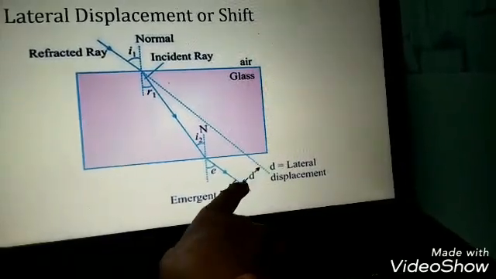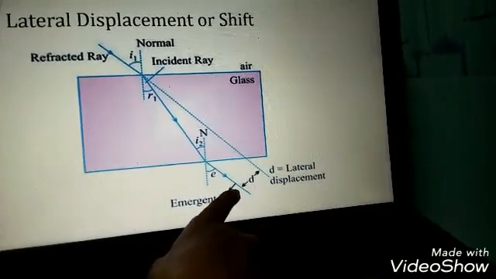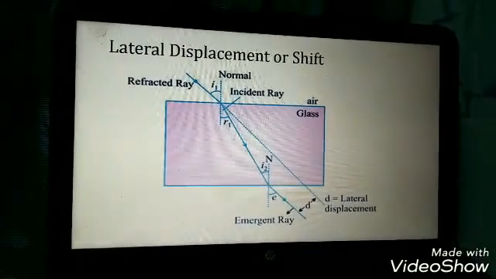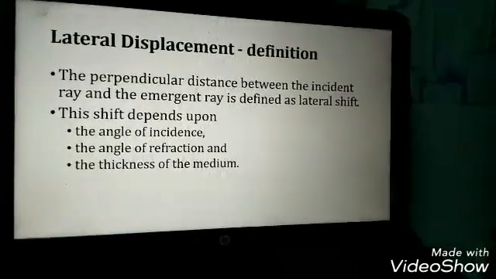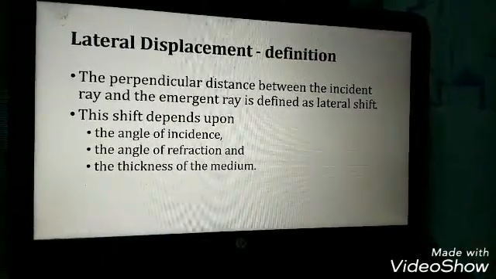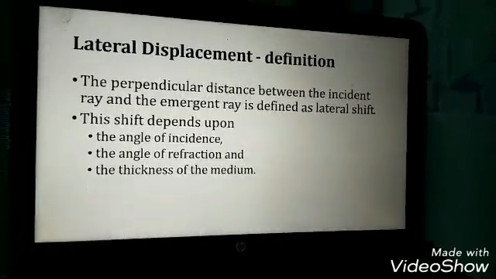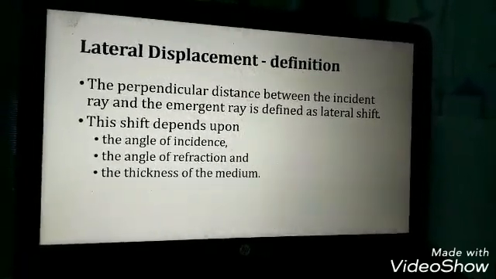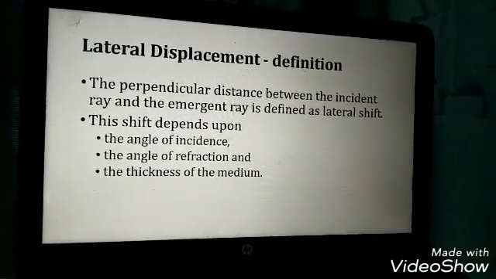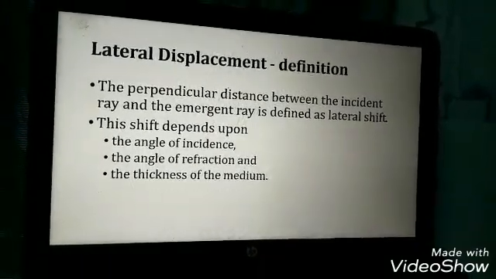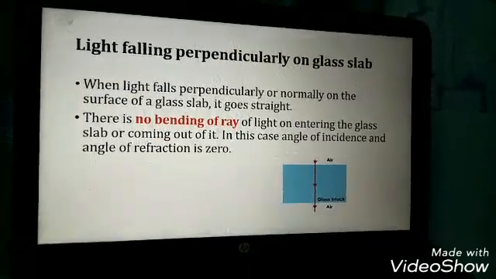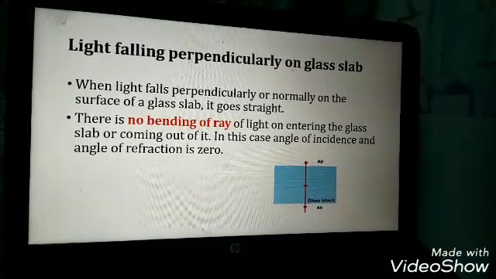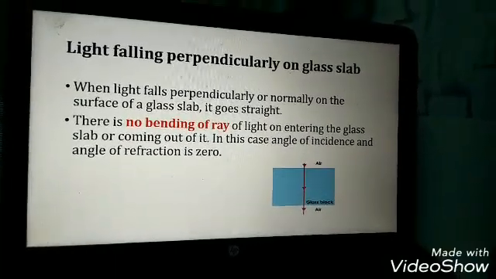This perpendicular distance between the incident ray and the emergent ray is called the lateral displacement or lateral shift. This shift depends upon the angle of incidence, the angle of refraction, and the thickness of the medium.